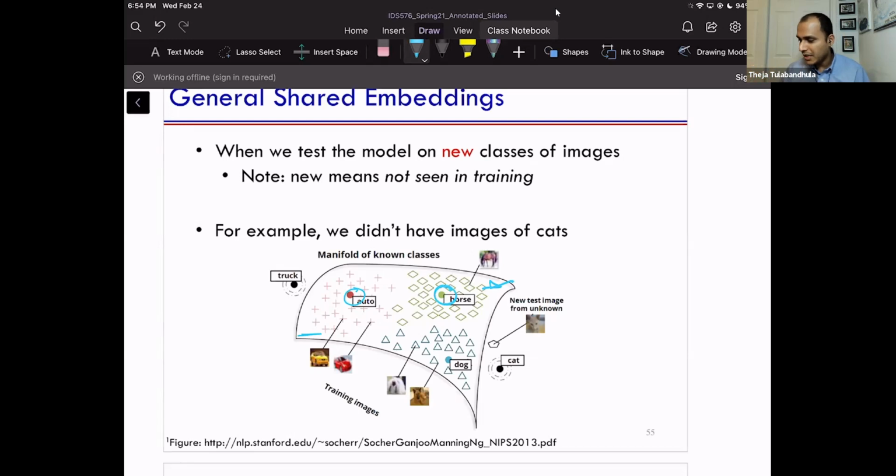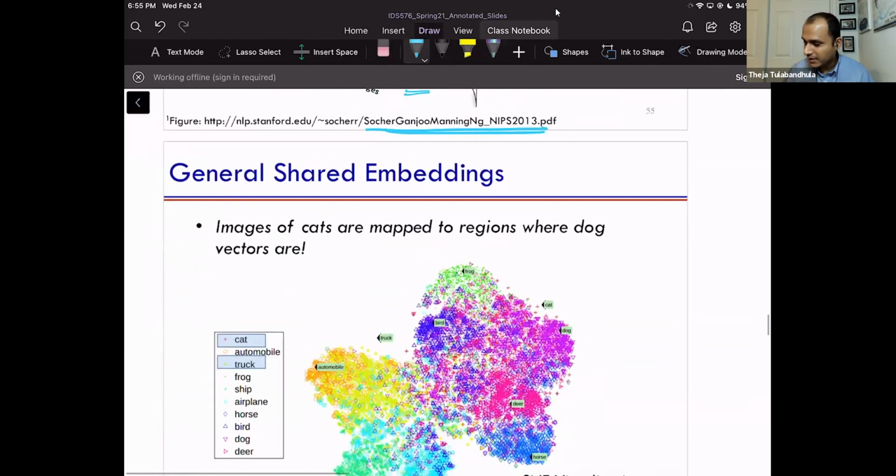And you can do this, and then maybe for an unknown image, maybe you had dogs and a dog word embedding. If you have an unknown image, let's say a cat, we know it is somewhat similar to dog in terms of image features. Maybe you'll get a cat, something that it has never seen in your training. You can get a vector representation for this object as well, right? And again, you can check out the underlying paper to get a feel for how this is done. So is it clear what's happening here?